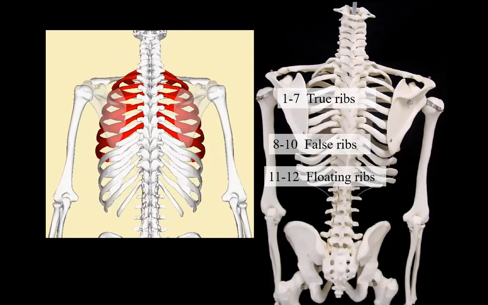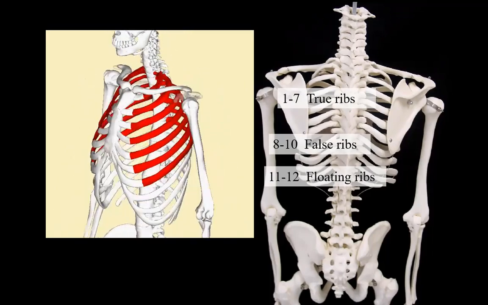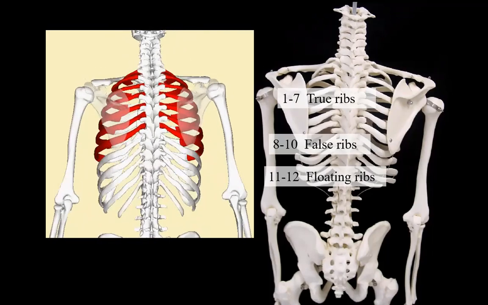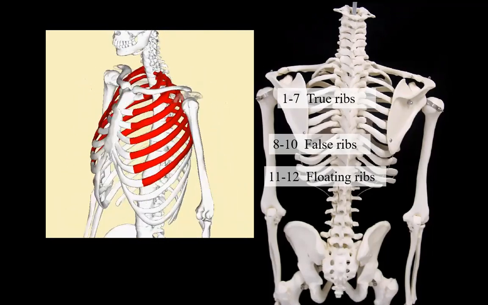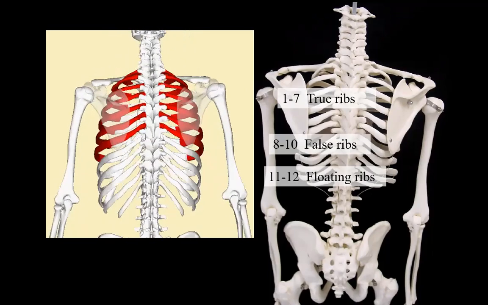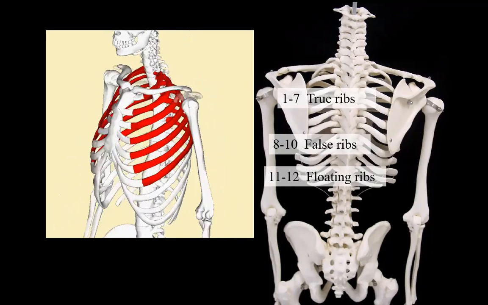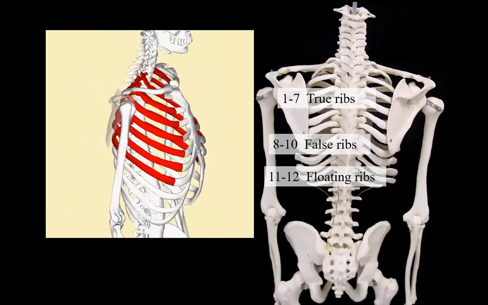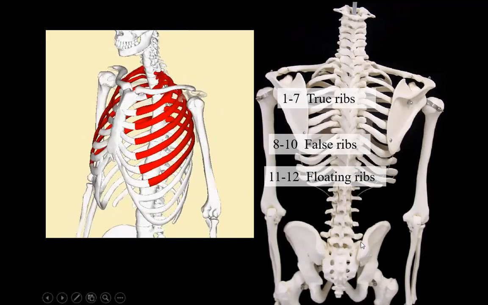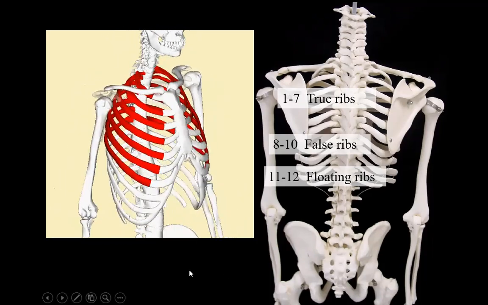Now below them, we have 3 pairs of false ribs. The false ribs attach in the back to the vertebrae, but in the front, they don't attach directly to the sternum. They attach indirectly.